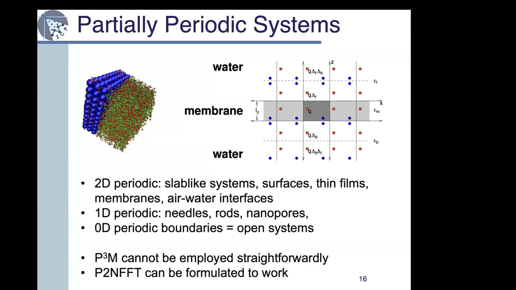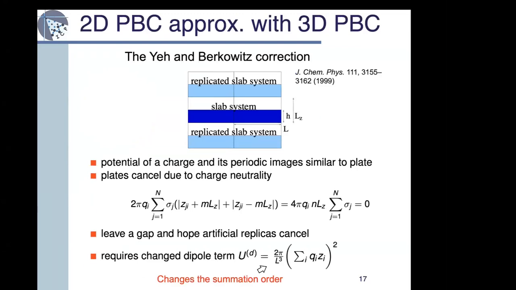So there are a bunch of periodic solvers. I don't want to really go into them. Here's this P2NFFT, a non-equidistant NFFT. It's kind of difficult. The easiest correction you can do is the so-called Yeh-Berkowitz correction.